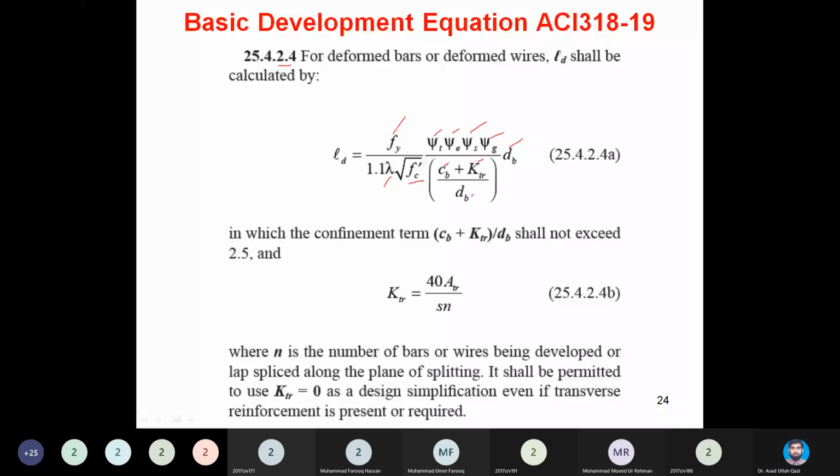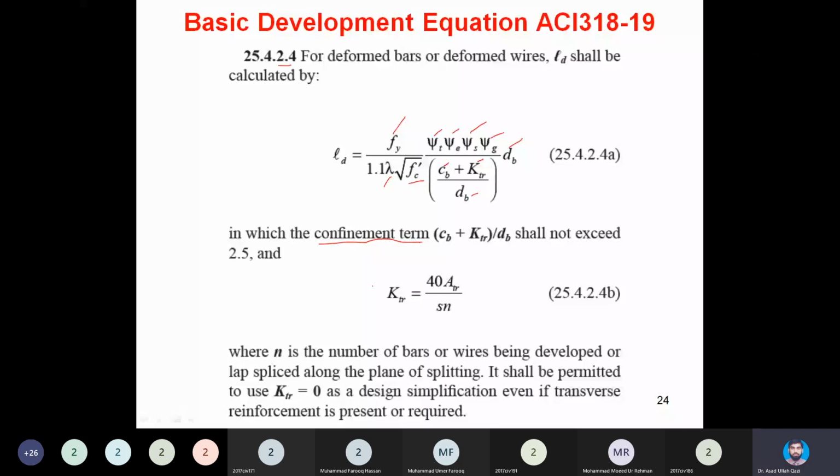Now what are CB, KTR and DB? It is described underneath. First, let's discuss as a whole what is within this square bracket. It is termed the confinement term. So it means it will address the covers and the ties as confinement.